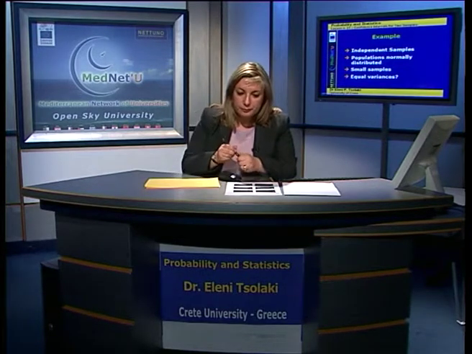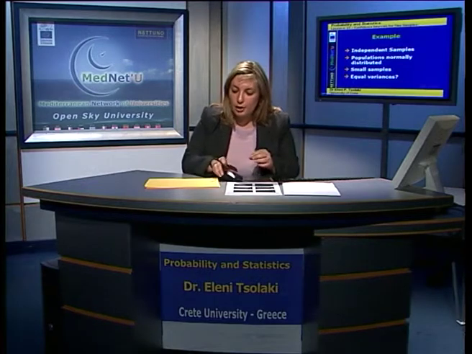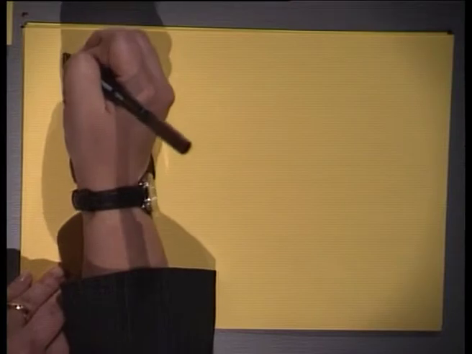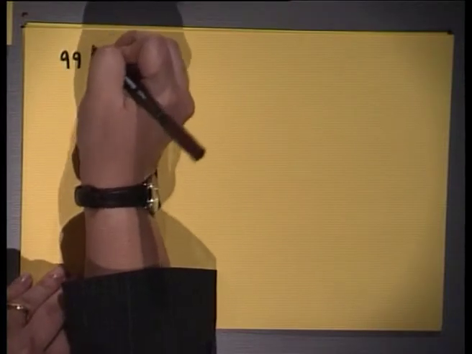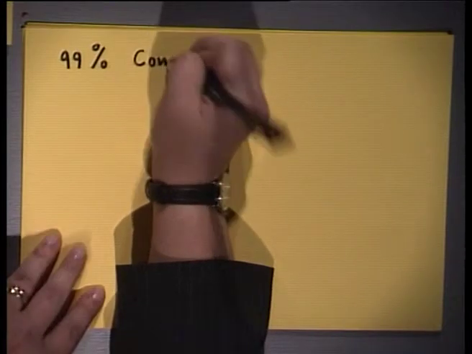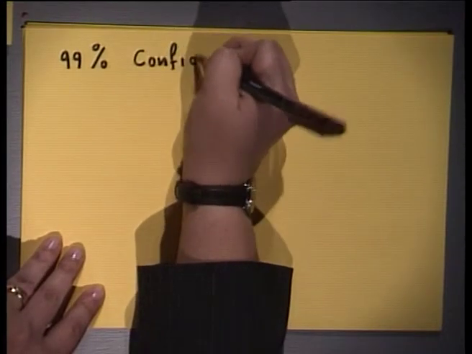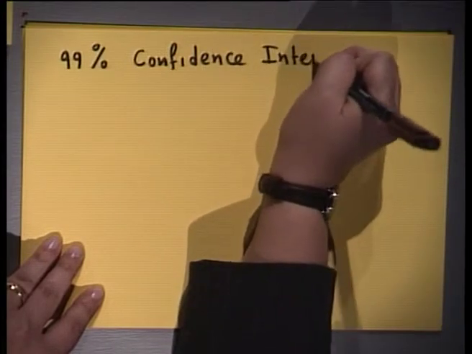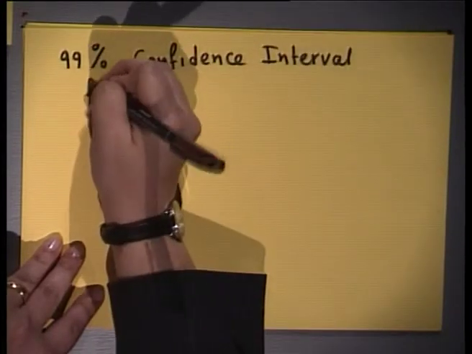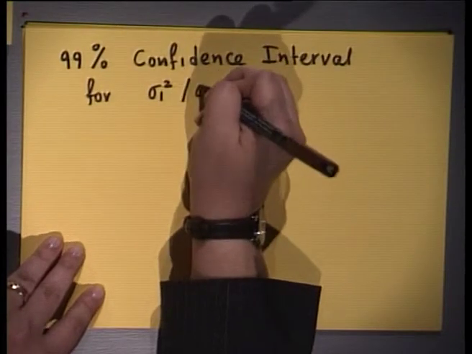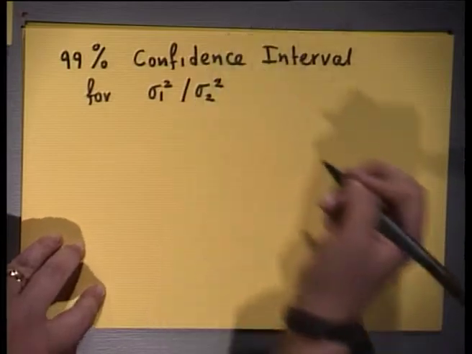So, for this example, we want to calculate the 99% confidence interval for sigma 1 squared over sigma 2 squared.